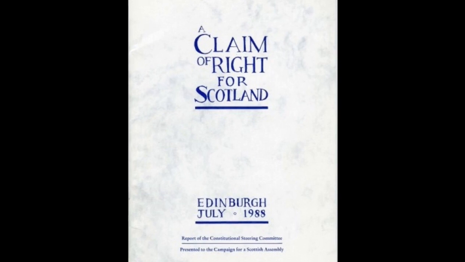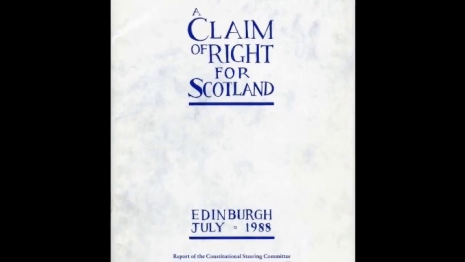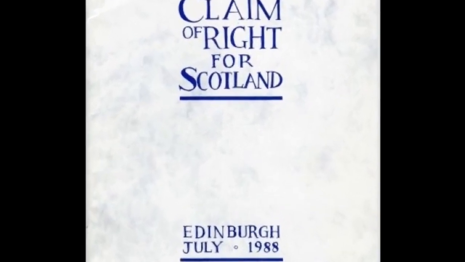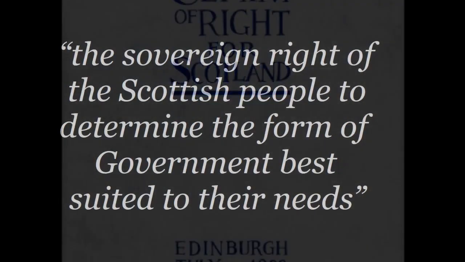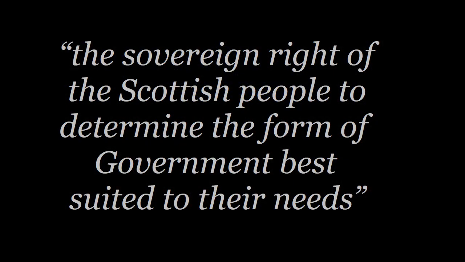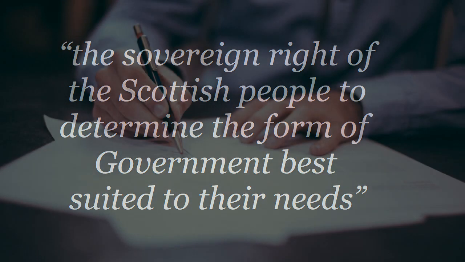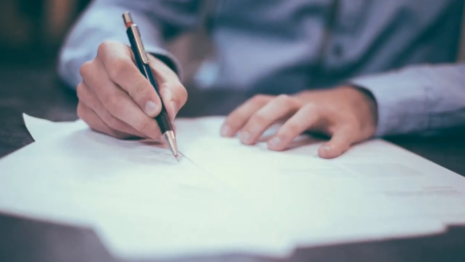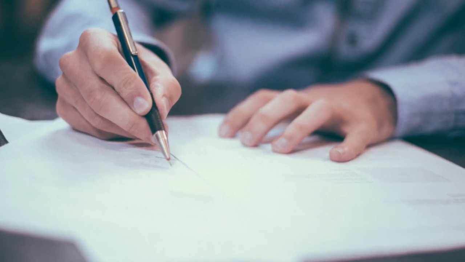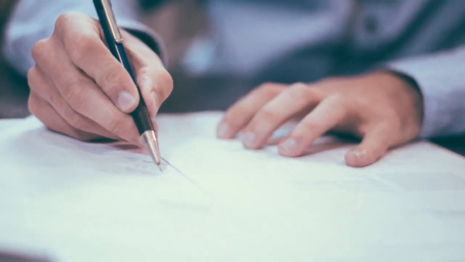In 1988, a document called A Claim of Right for Scotland was produced by the Campaign for a Scottish Assembly. It stated the sovereign right of the Scottish people to determine the form of government best suited to its needs. The document was signed by all of Scotland's then serving Liberal Democrat MPs, and all Labour MPs bar one.